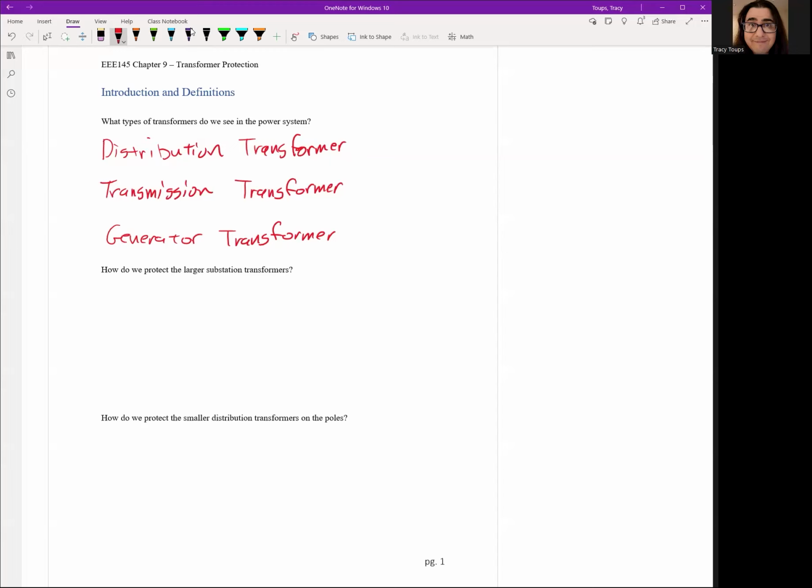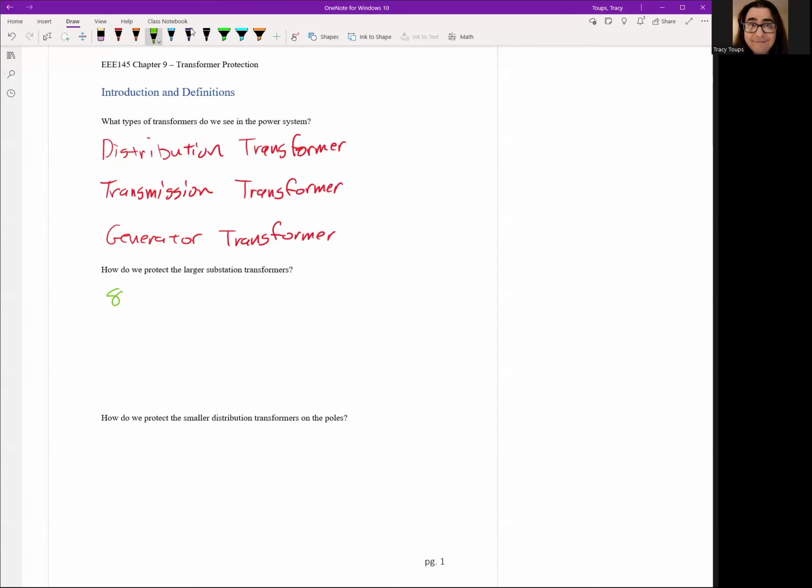So you need a step-up transformer. Here we're going to mainly talk about the transmission level transformer. The GSU was kind of covered on the transmission side, and for the small distribution transformers, there's not that much complication to them. So how do we protect the larger substation transformers?